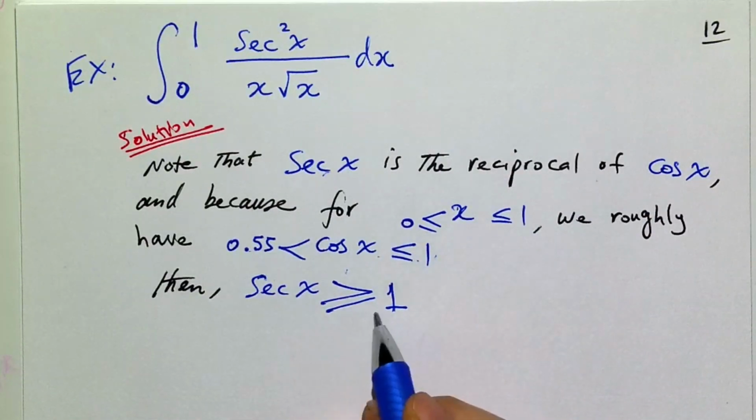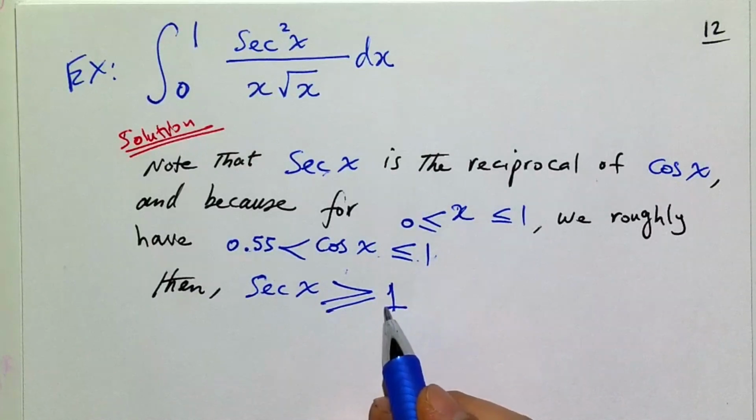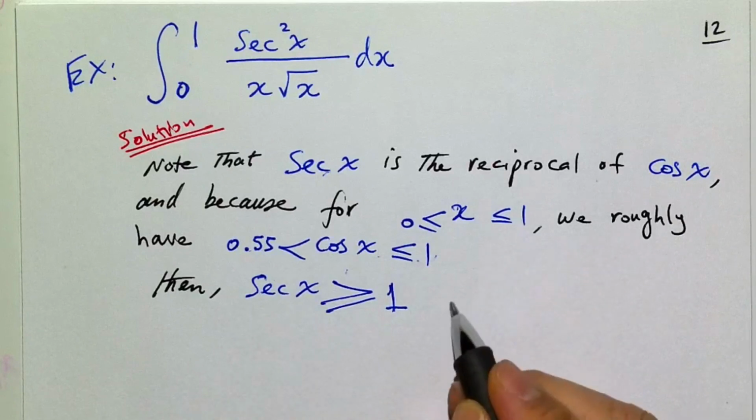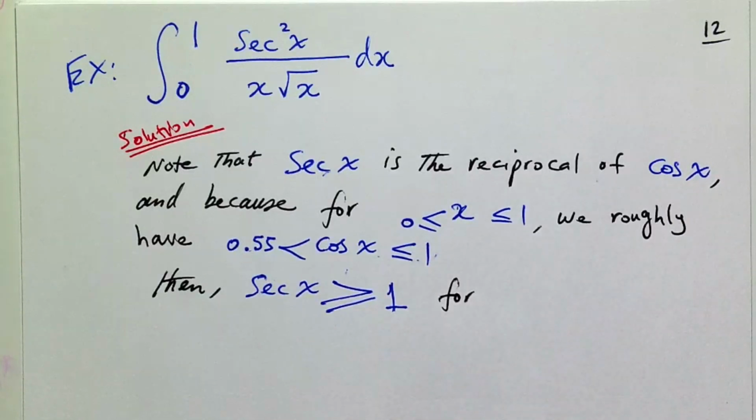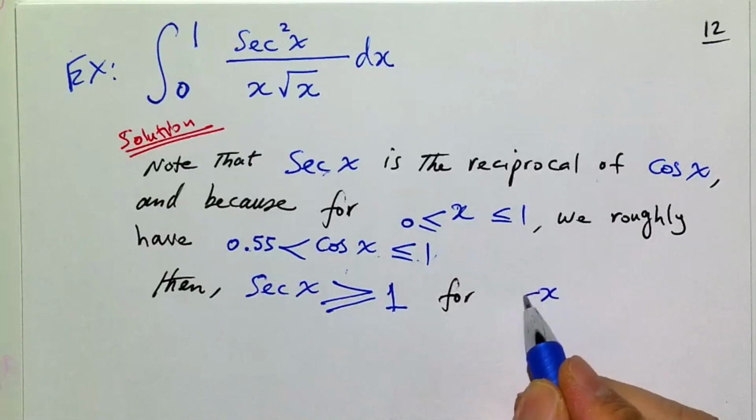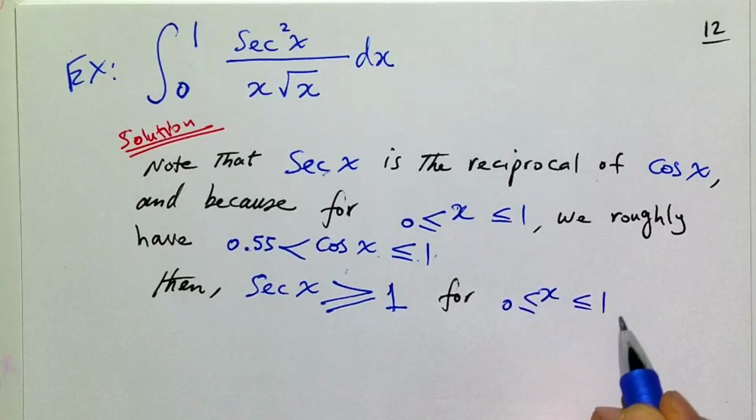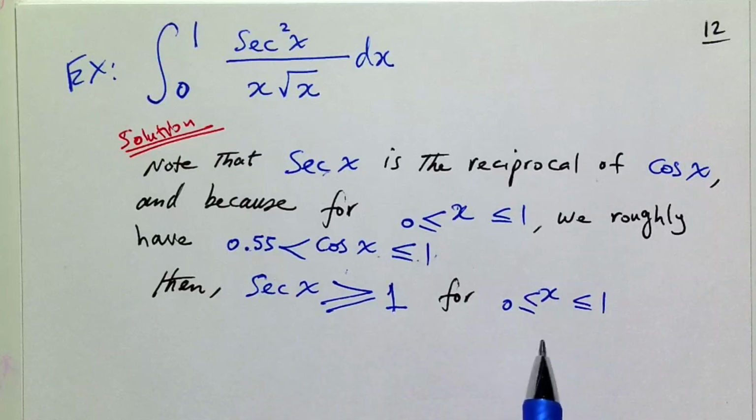Okay, so secant of x is greater than or equal to 1 for x being between 0 and 1.